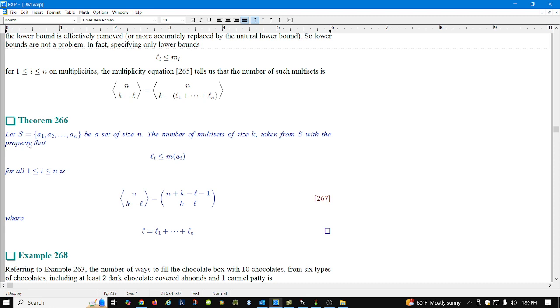So, theorem, we have a set of size n, the number of multisets of size k taken from that set with the property that the multiplicities of each element are bounded from below is this value.